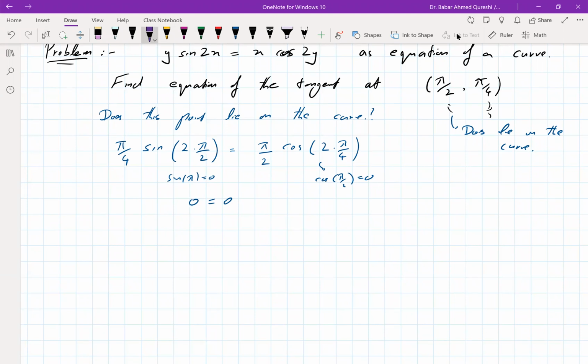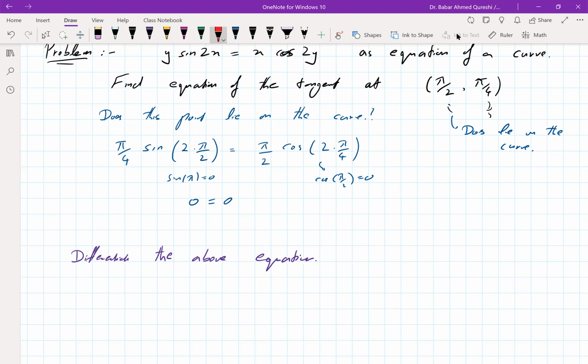So all you need to do is differentiate. So what do I get?